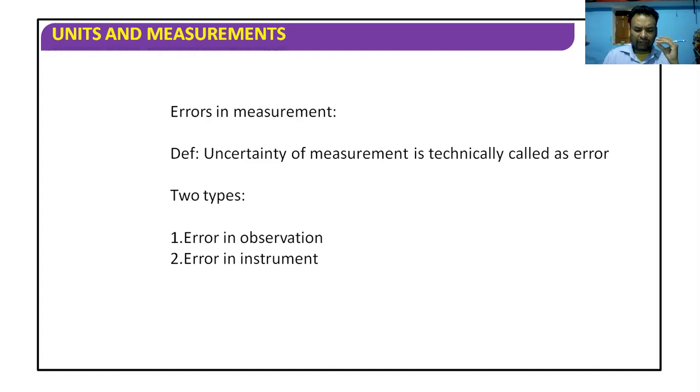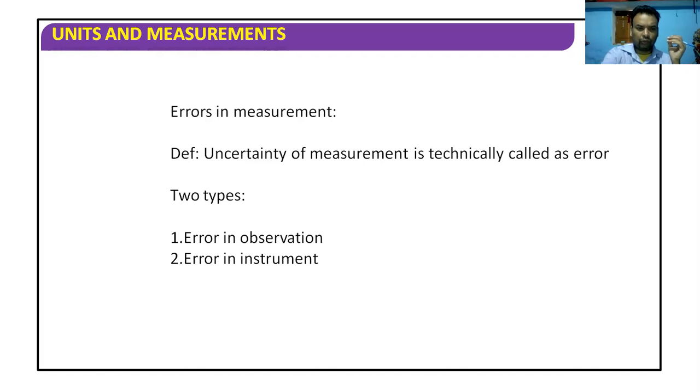If they are not exactly touching, if there is some disturbance or inaccuracy in my scale, or even if some part of the scale is broken, so it is not the exact scale, then again I will have error. That is called error in instrumentation.